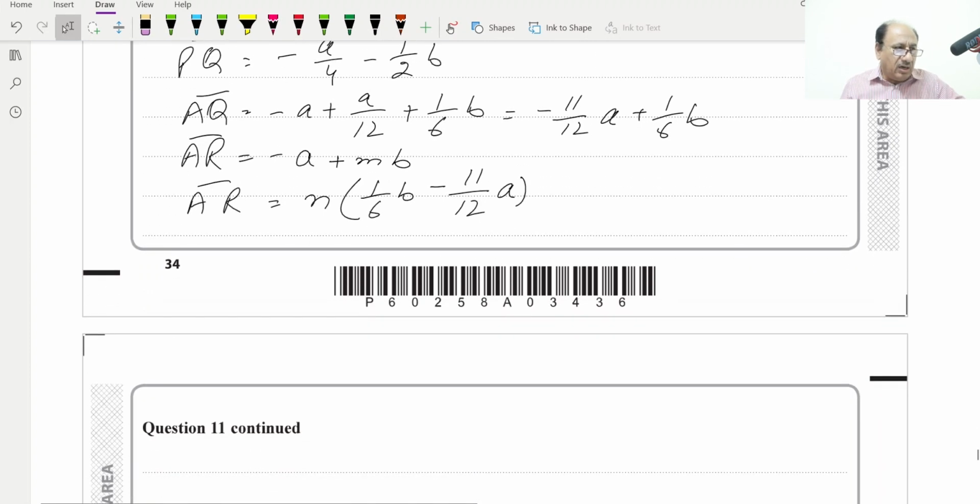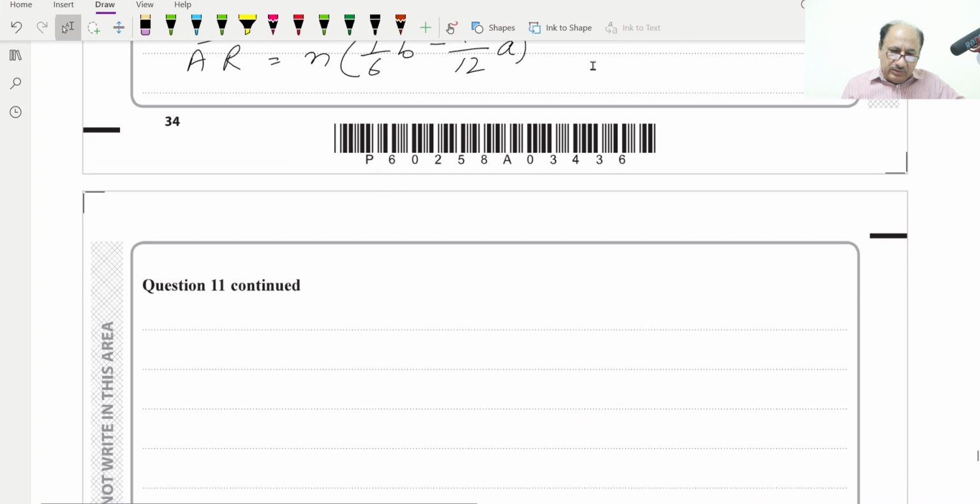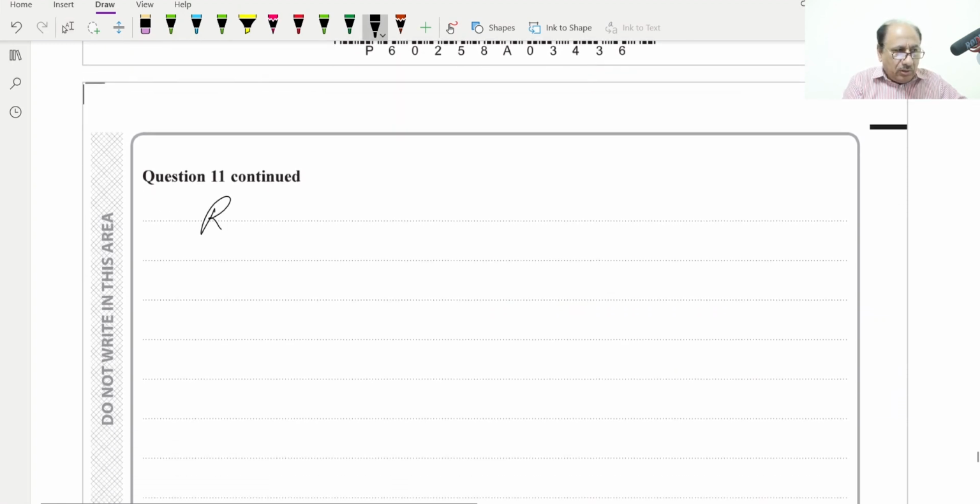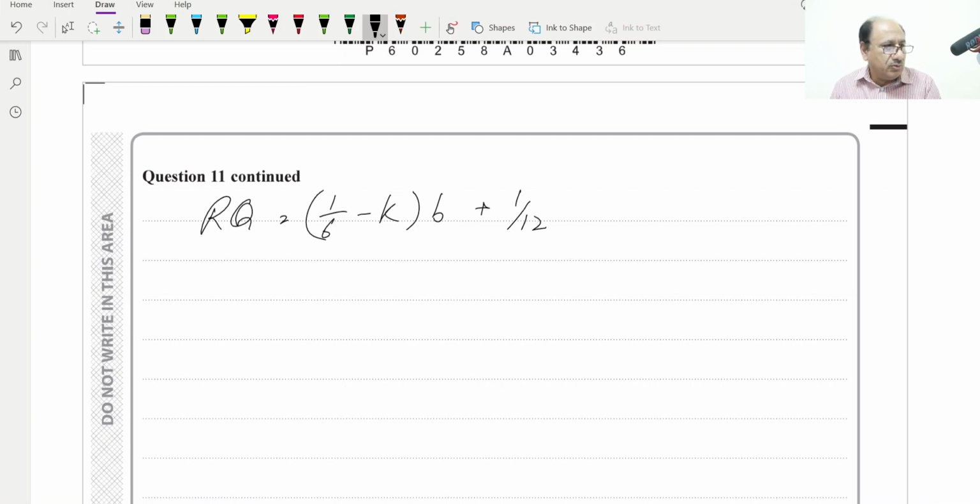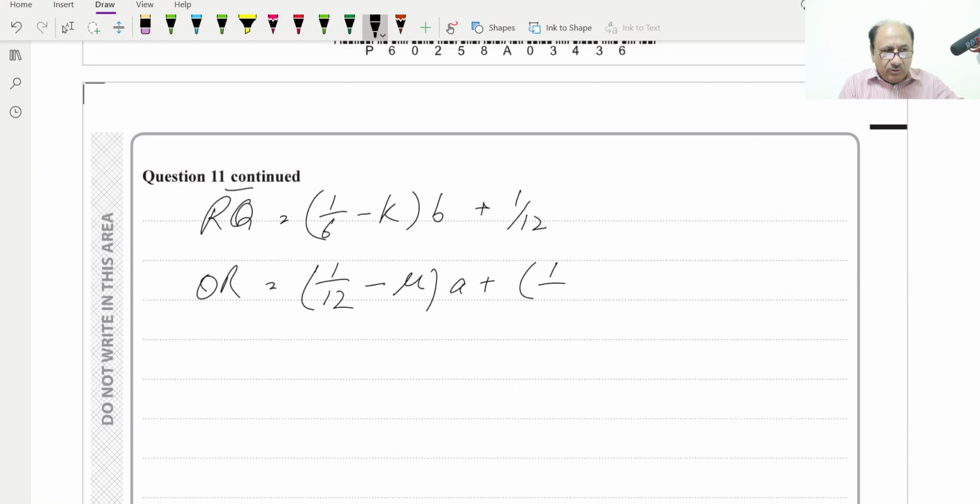Similarly, we can write RQ also, and if I write RQ, it will be what? 1 by 6 minus k into b plus 1 by 12. So this will be basically our RQ. And OR, we can write OR will be equal to 1 by 12 minus mu into a and plus 1 over 6 plus mu k into b.